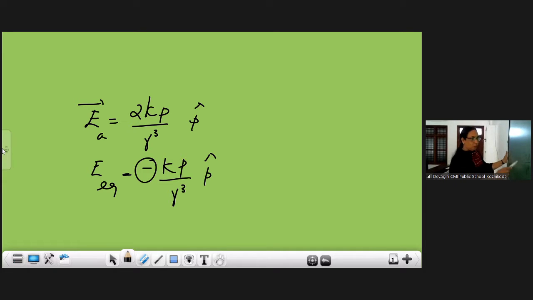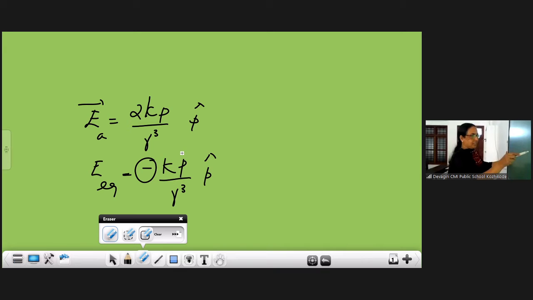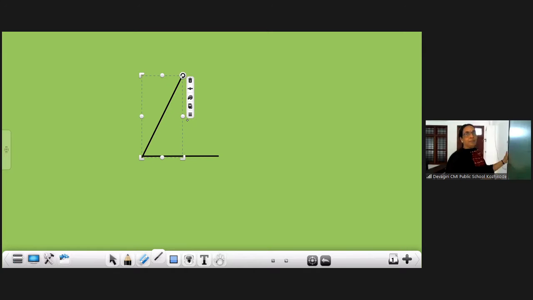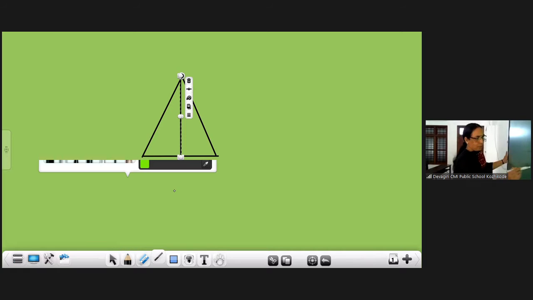Now, while deriving this, I hope you remember how we got it on the equatorial line. We have taken two charges, and a point on the center line at a distance r from the center. We have a minus q charge here and a plus q charge here, and the total distance between them is 2a.